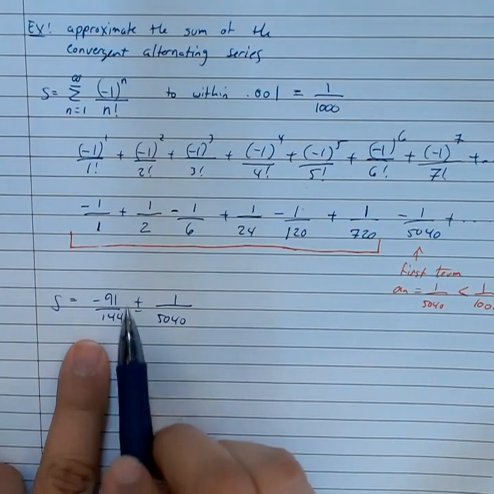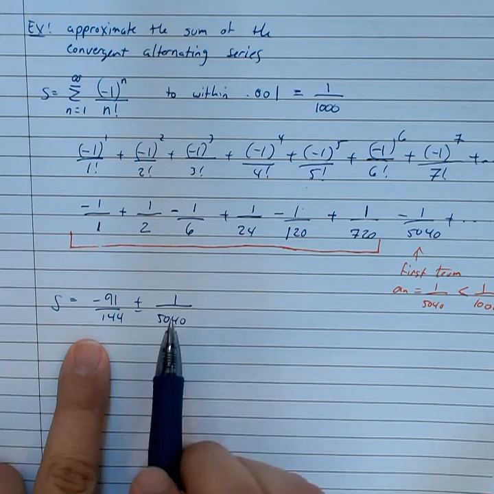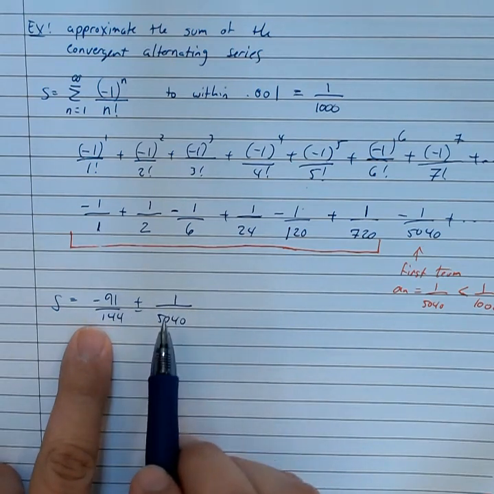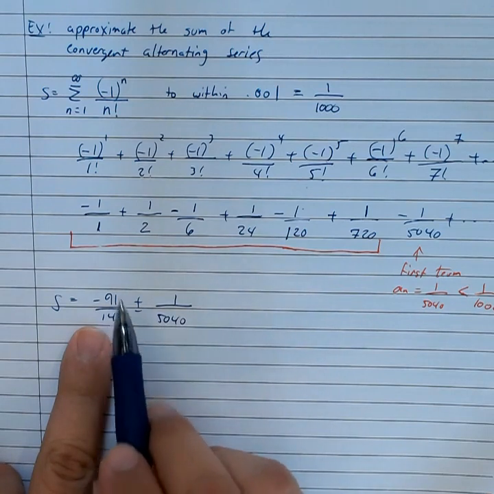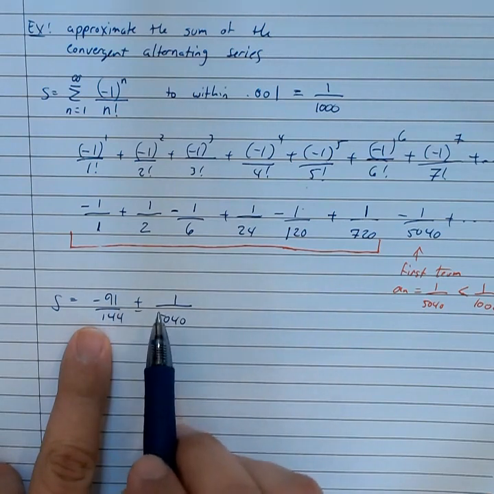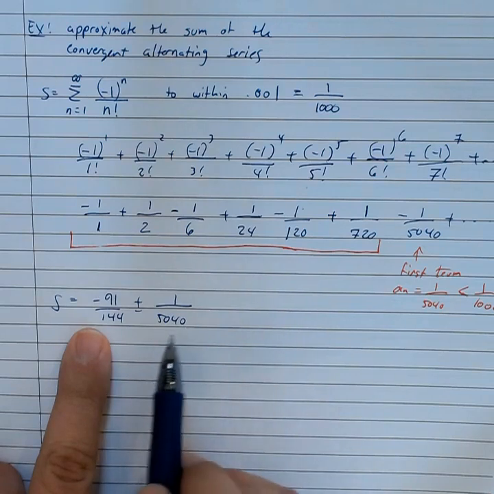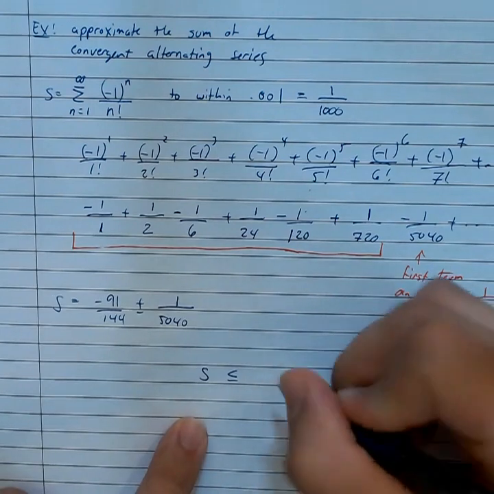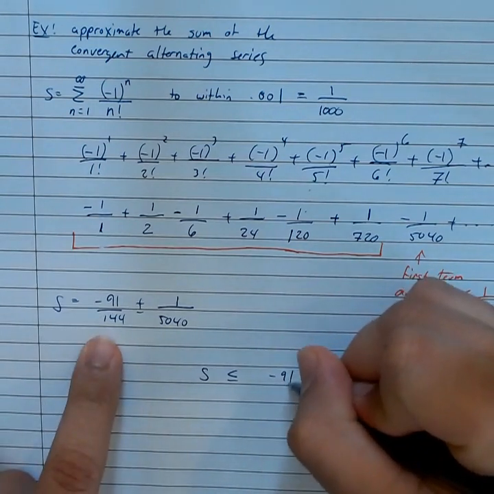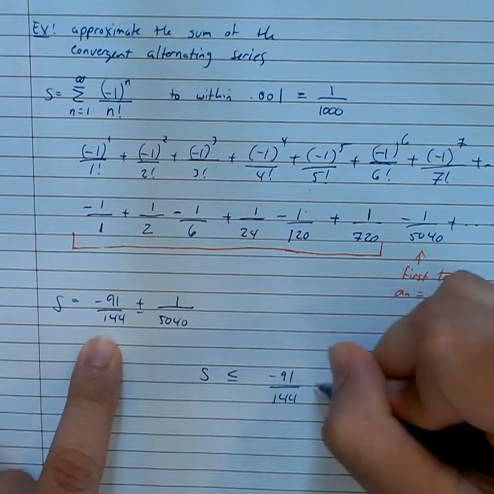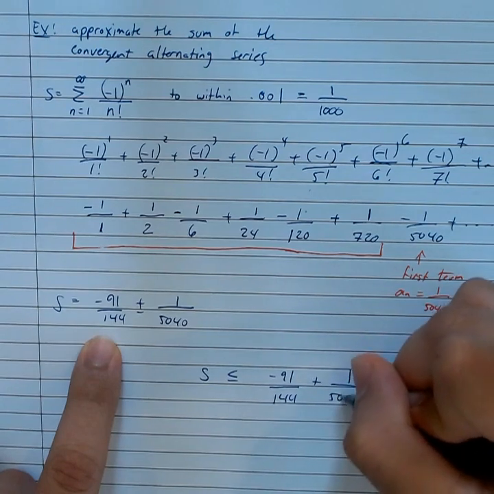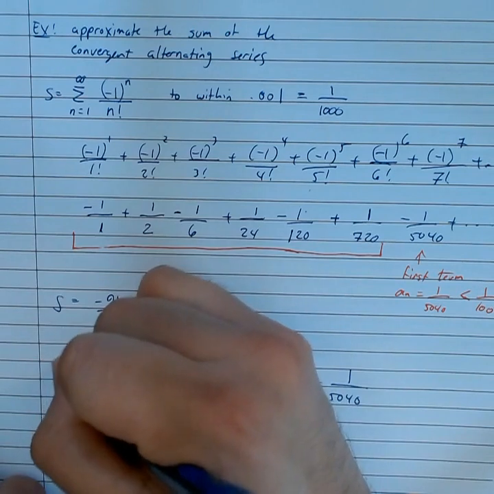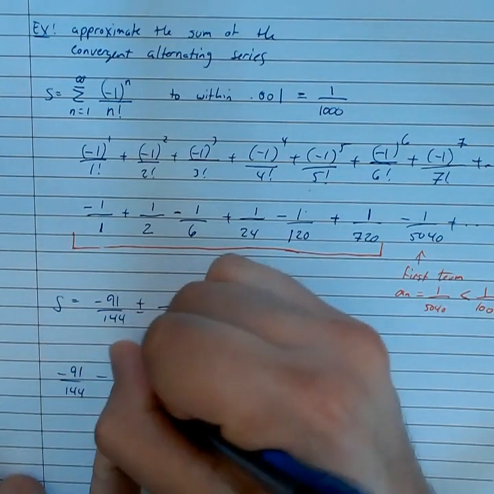In other words, that's my answer, plus or minus this little tolerance. My answer could be as big as this plus 1 over 5040, or as small as this minus 1 over 5040. So my answer S is somewhere between negative 91 over 144 plus that amount and negative 91 over 144 minus that amount.